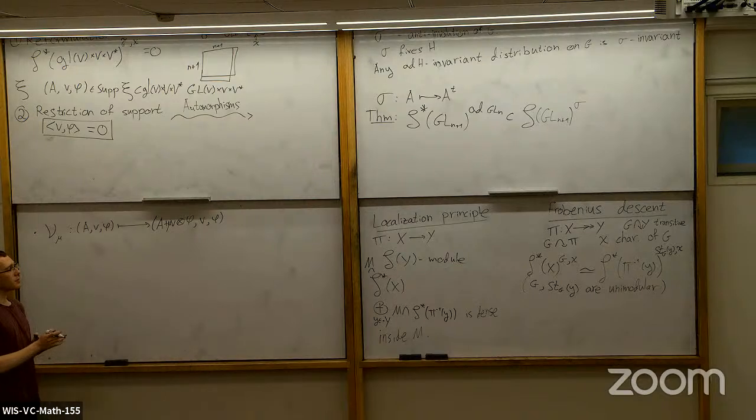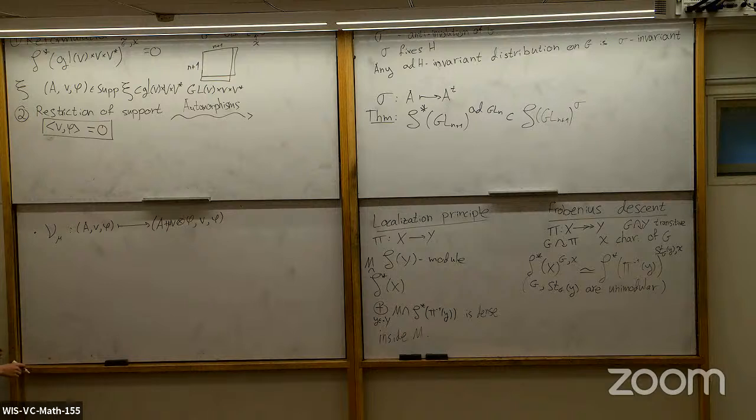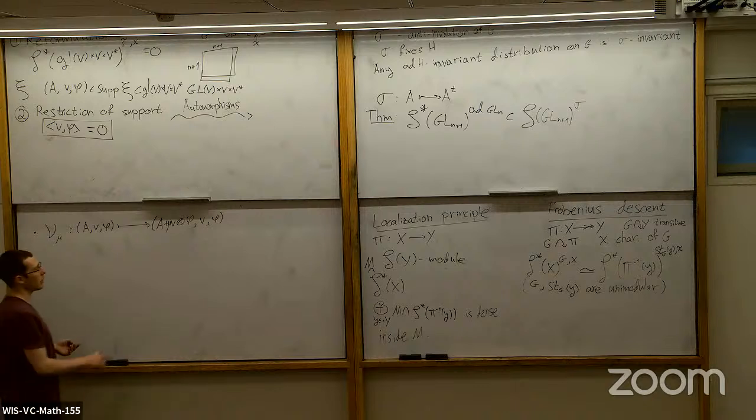This is compatible with the action of G-tilde on these spaces, and it's also invertible. By applying nu minus mu, it gets back to (A, v, phi).